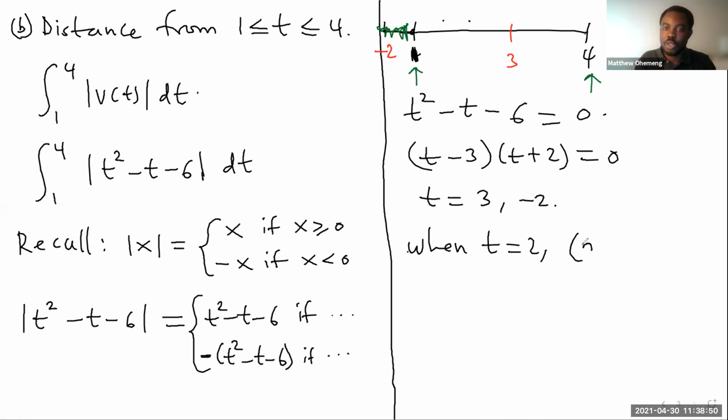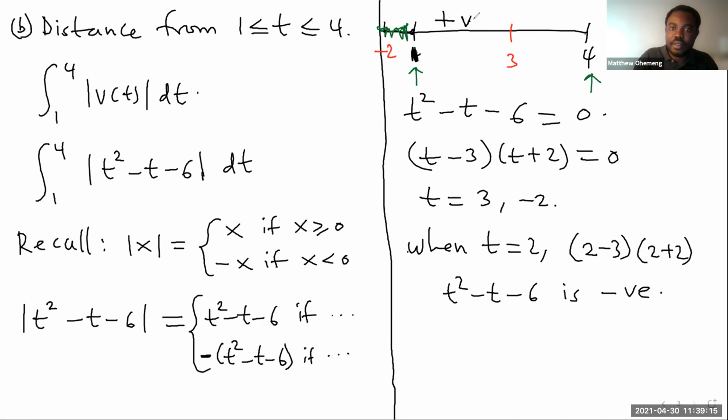Well, that one is going to be (2 minus 3)(2 plus 2). 2 minus 3 is negative, and 2 plus 2 is positive. Negative times positive is negative, right? So for this interval 1 to 3, this is negative. Oh, what did I write? Not positive. This is negative.